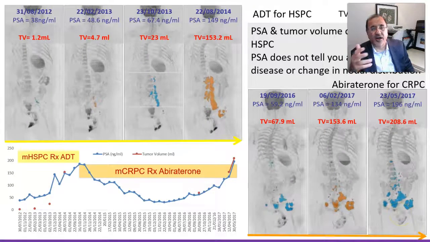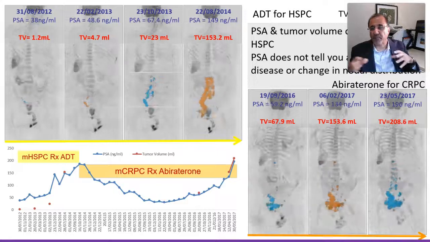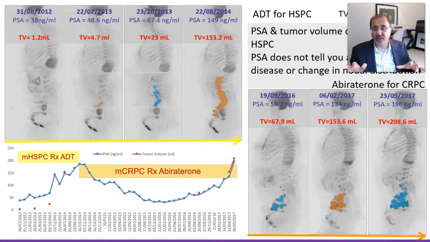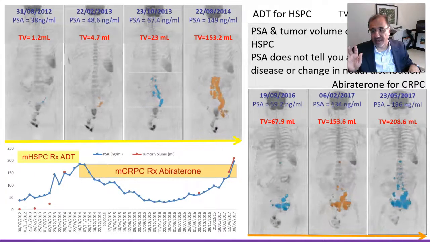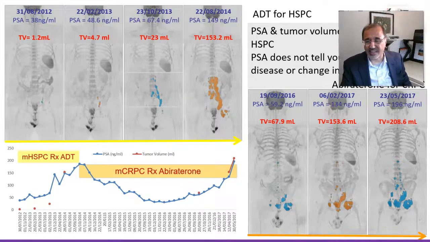So you can see how a next generation imaging technology is able to spatially map where progression is occurring. In this particular instance, we're saying the patient is progressing in the left groin, is progressing in the prostate, and is progressing in the bone marrow. And we couldn't have said any of those things if we had just used the PSA test.